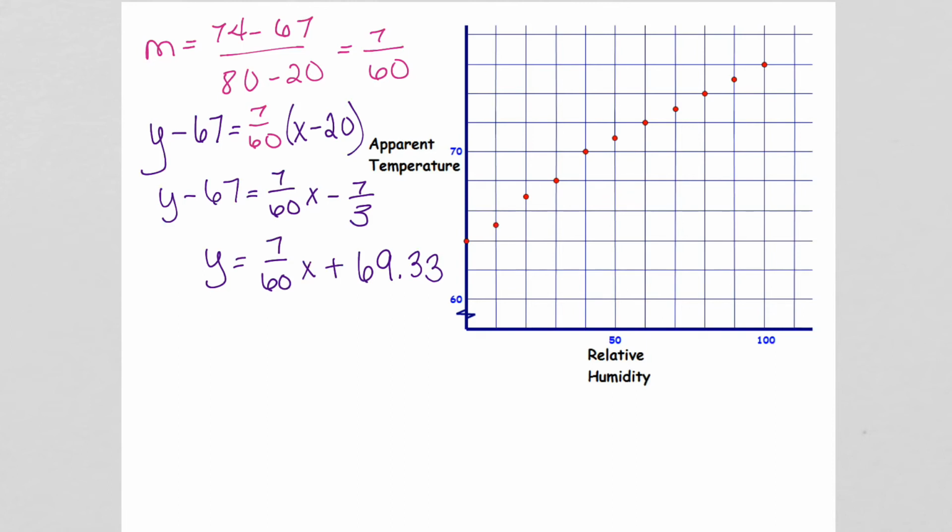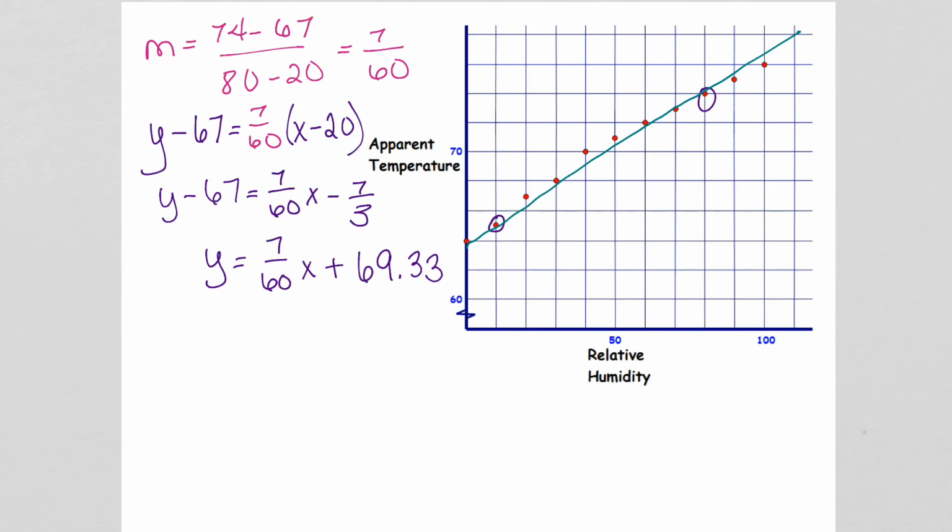So the equation of the line going through the point (20, 67) and (80, 74). That's pretty close. So that line right there is y = 7/60 x + 69.33.